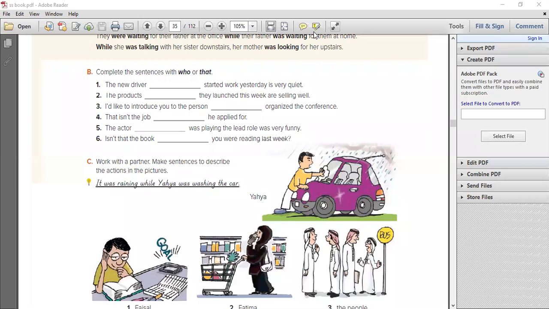Lama Bakr is here. Hadil is here. Sarah is here. Razan and Layan. Are you here, Layan? Present. Jumana is here. Jude. Present. Maria. Present.